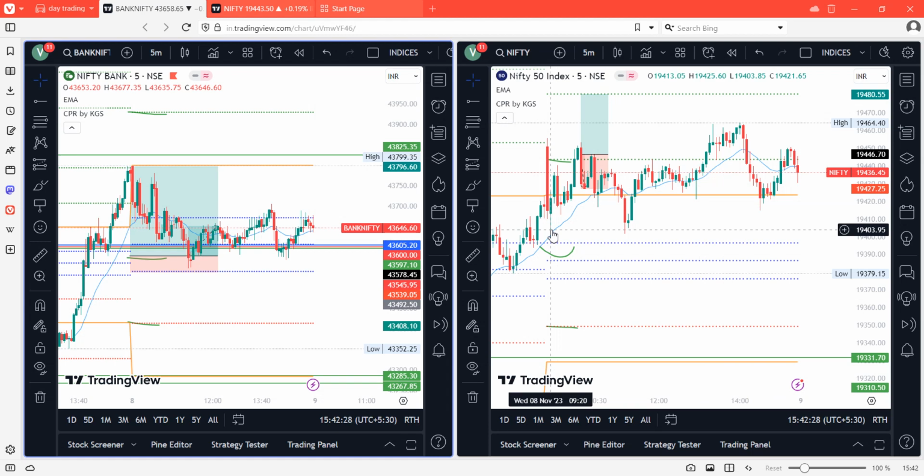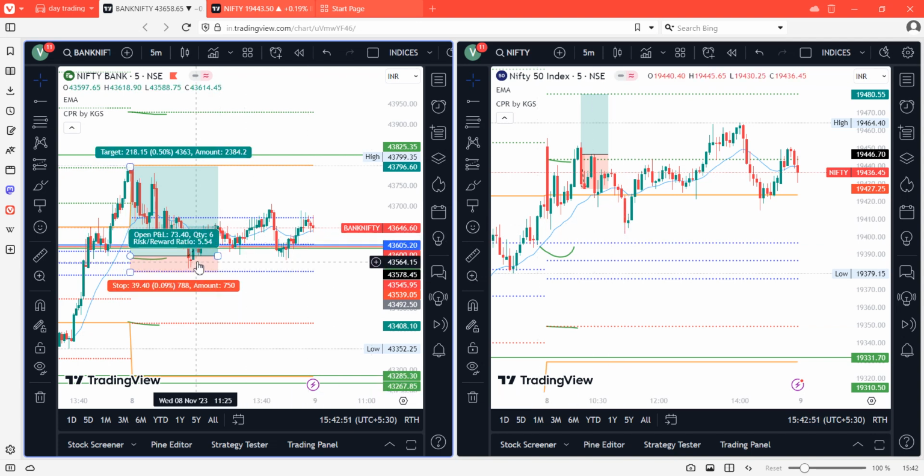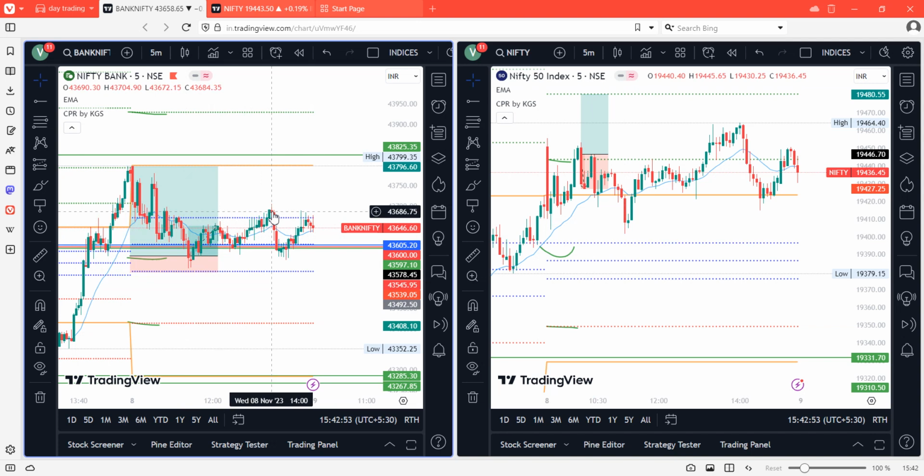Initial balance is the first one hour high and low. This is the first one hour low, and at this candle it is taking support here. At the same time it is making a doji indecision candle like this candle. So I have confidence that there are higher chances the price moves in my direction in Bank Nifty.